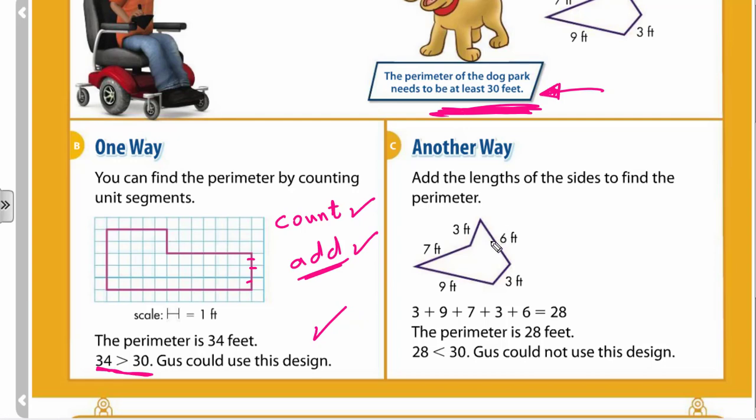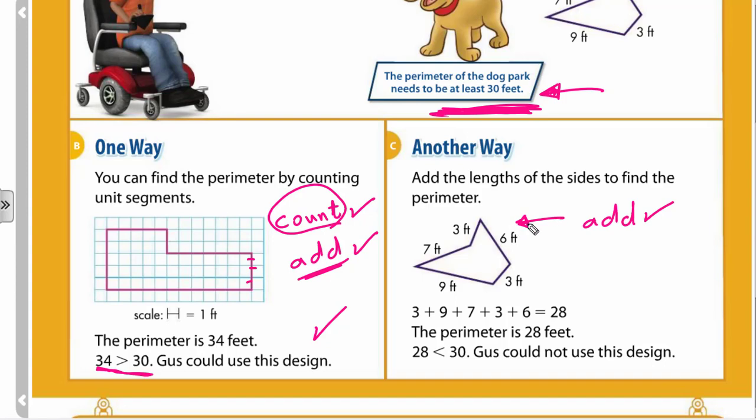Here, can we use counting for the second one here? No. I don't have anything to count. The only way here is adding. So we have here only one way. We cannot count. Why? Because we don't have squares.